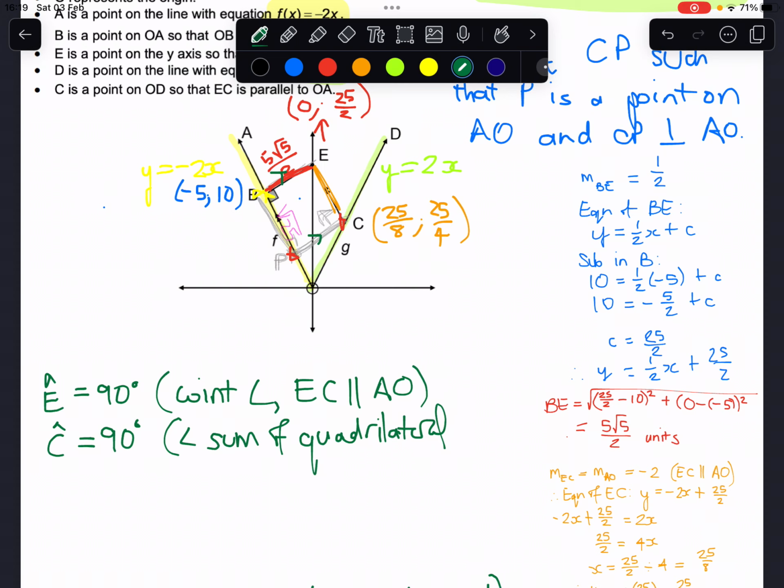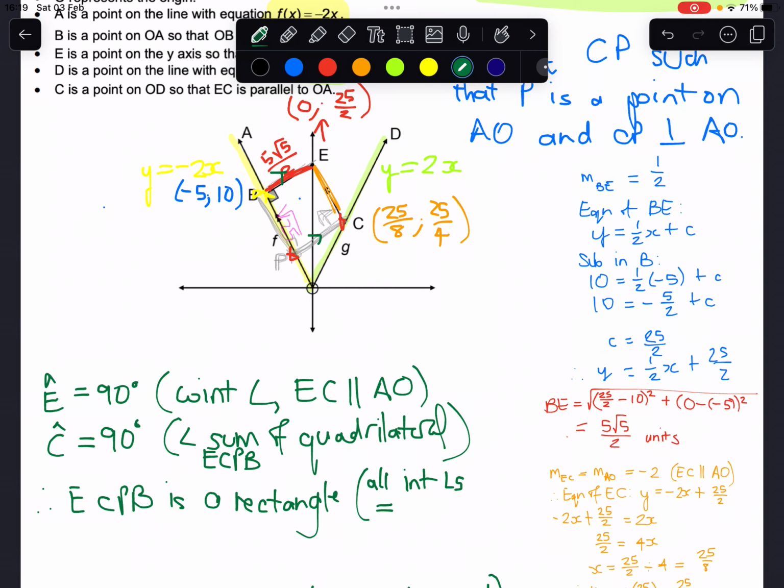That is the quadrilateral ECPB, or you could again use co-interior angles. The point being, we therefore know that ECPB is indeed a rectangle because all interior angles equal 90 degrees.